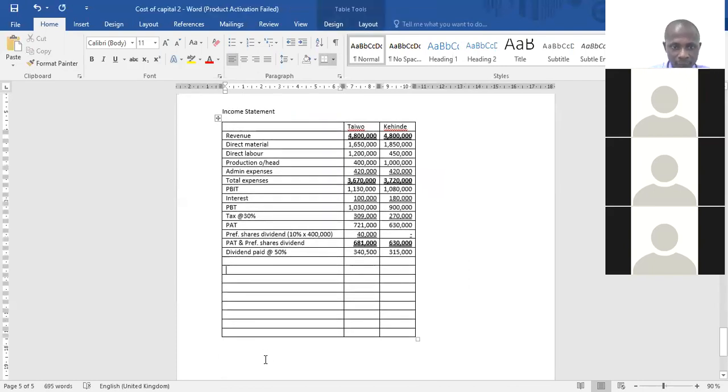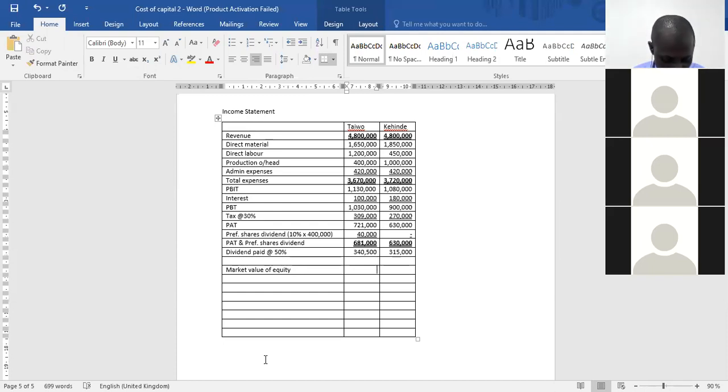So let's come down and put market value of equity. In the question, we're told that for Taiwo it is 3.45 per share. So I can have 3.45 times how many shares does the company have?